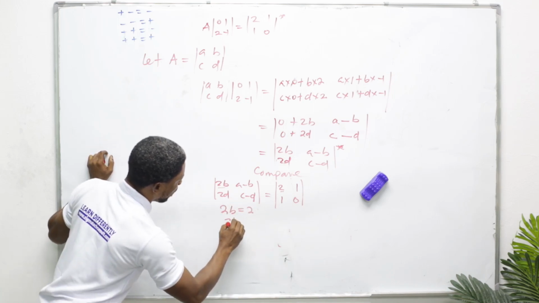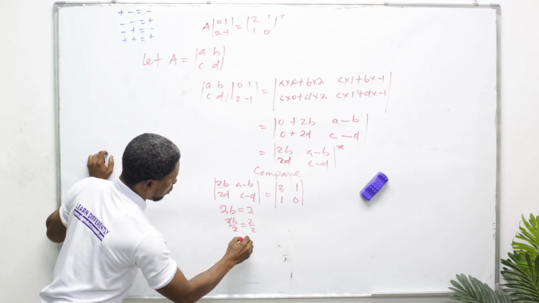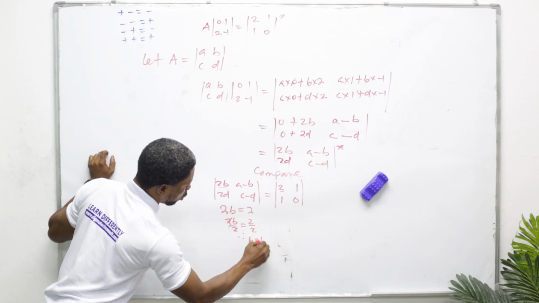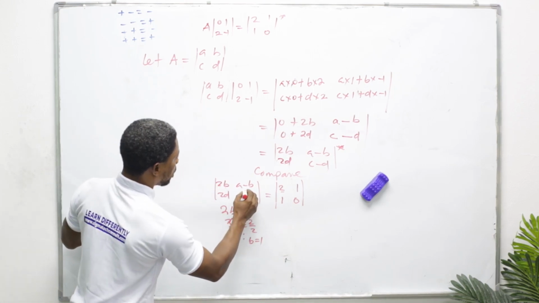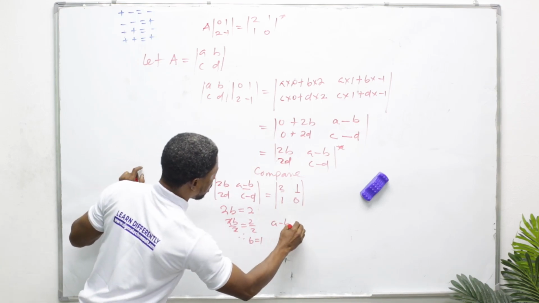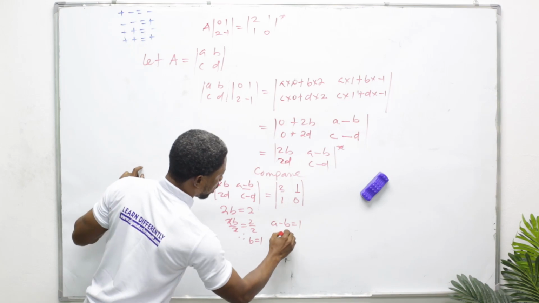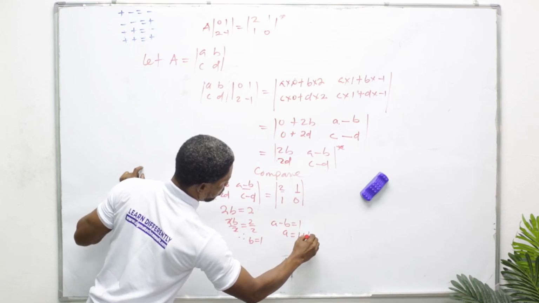Divide here by 2. Divide here by 2. This will cancel, so therefore b is equal to 1. Now I'm done with that one. Take this one against this one. I'm going to have a minus b is equal to 1. That tells you that a is equal to 1 plus b.